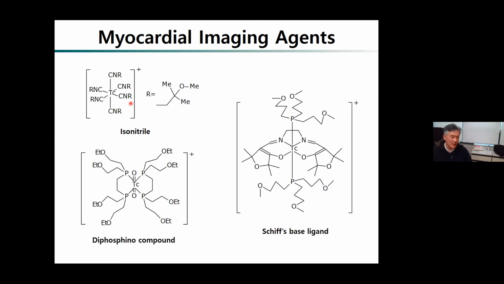Because of that, these ethers can be cleaved in the myocardial cells. After the cleavage of this methyl group, it forms an alcohol, hydrophilicity is increased, and then it remains in the myocyte.